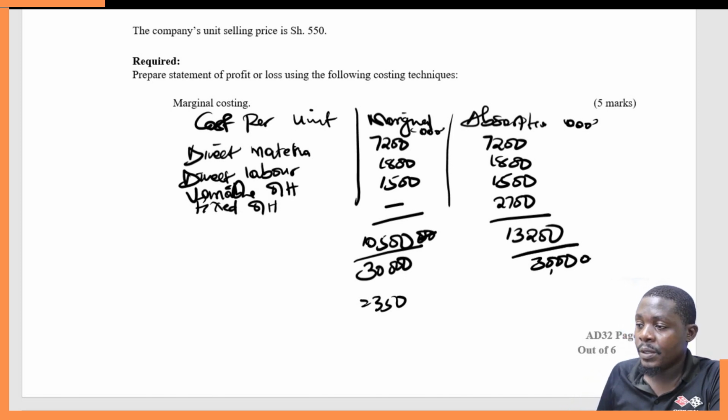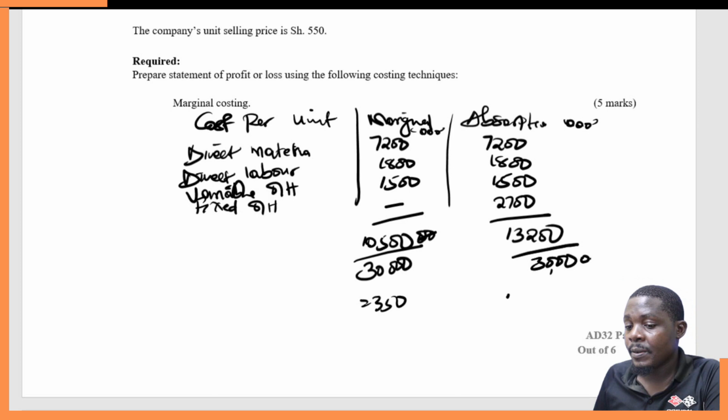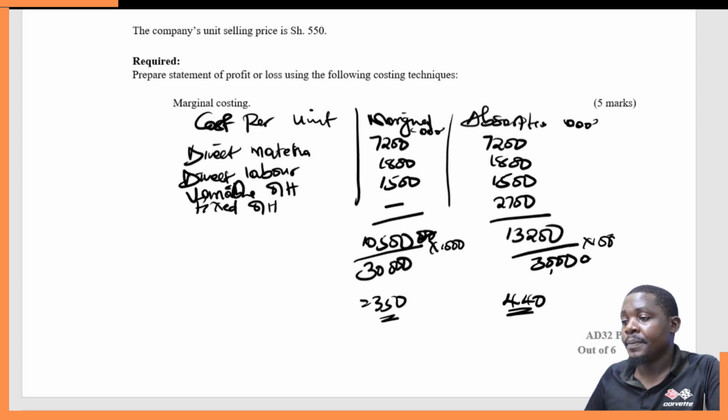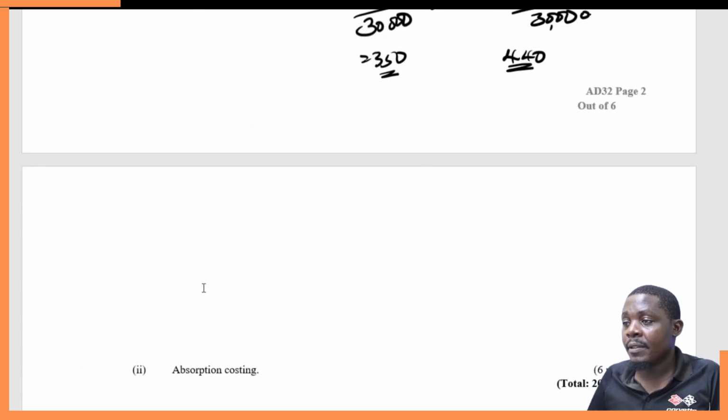We have 44. Then when you multiply by 1,000, you are going to have 440. That is the cost per unit. Now that makes it easier for us to compute the marginal cost.